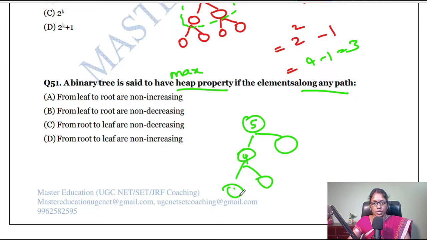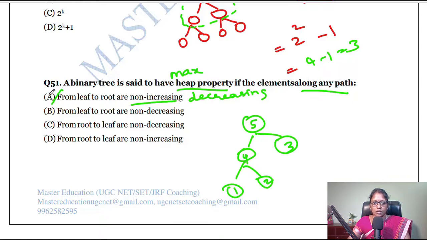If it is from leaf to root non-increasing, you just change it as non-increasing means decreasing. The first statement says leaf to root decreasing.